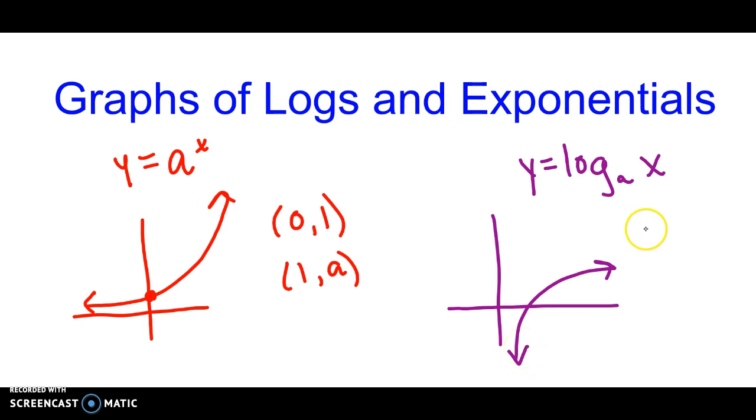Some important ordered pairs on this graph: this point right here is the ordered pair (1, 0), and there would be another ordered pair on here, (base, 1). Again, same thing as before: these could change if there's some transformation done to the equation, but these are some parent points for us to keep in mind.